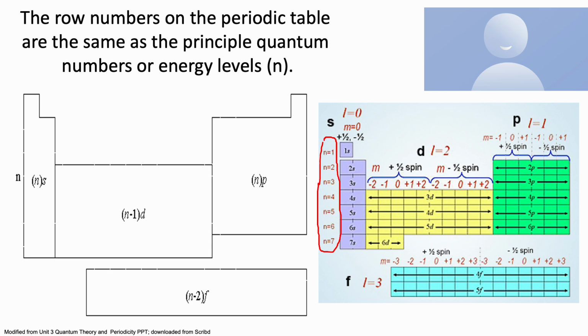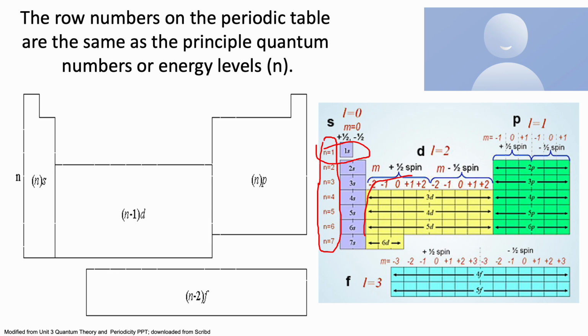So your periodic table is literally designed to show you your quantum numbers. The way that it's written out is to show your quantum numbers, which is great. So that means hydrogen, your first one, right here is going to be in your first energy level. So that's 1. And then so on and so forth.